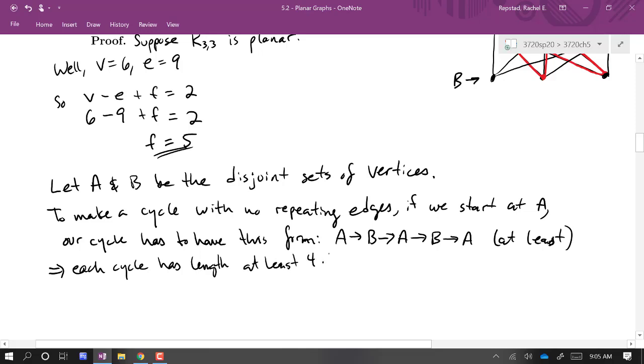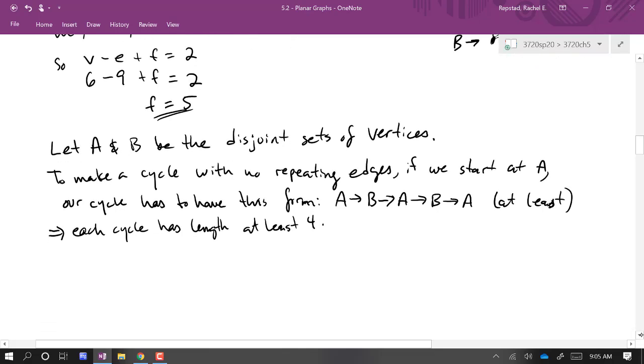And that means, if we imagine that somehow we could draw it so that it's planar, right, so that the edges don't cross, that would mean that the sum of the edges of all of the faces, right, each face is defined by some cycle, of whatever length, but each of those cycles is at length at least 4.